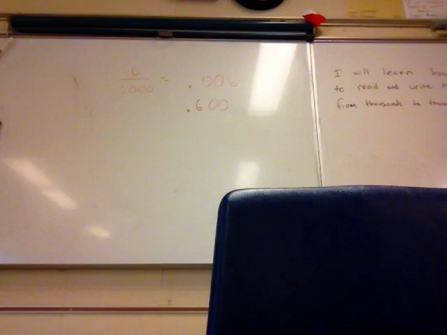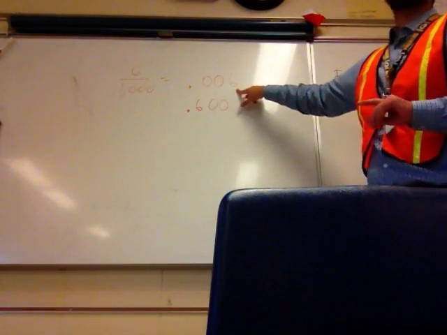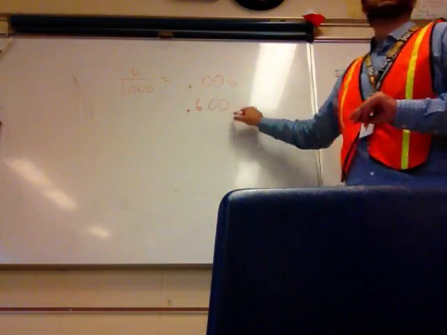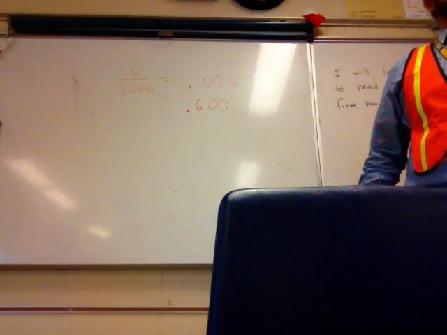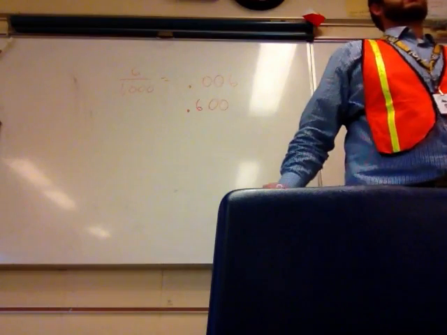Hi, 600. What's your last name? Thousandths. This is just 6 thousandths. This is 600 thousandths. Do you see how they have the same last name, though? Because there's 3 digits to the right of the decimal place.